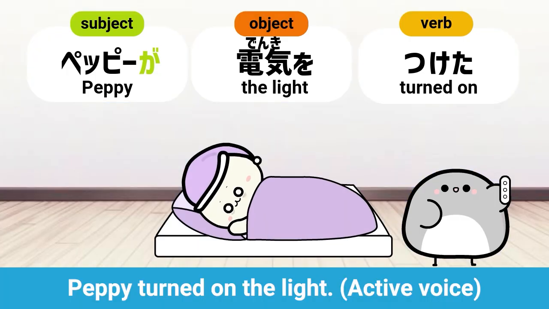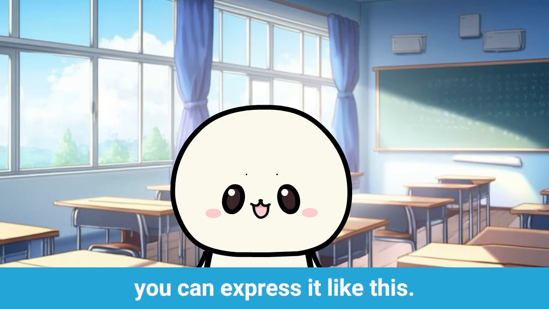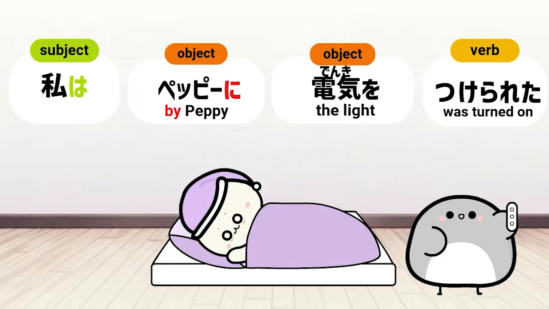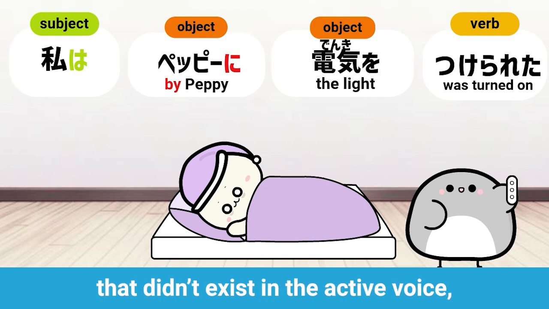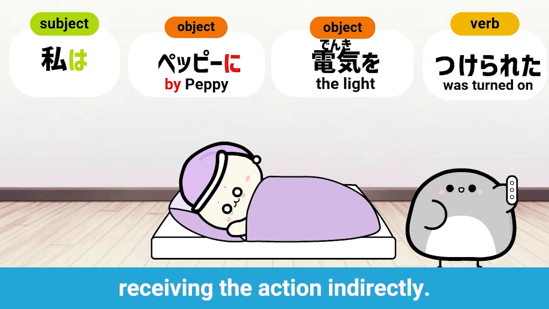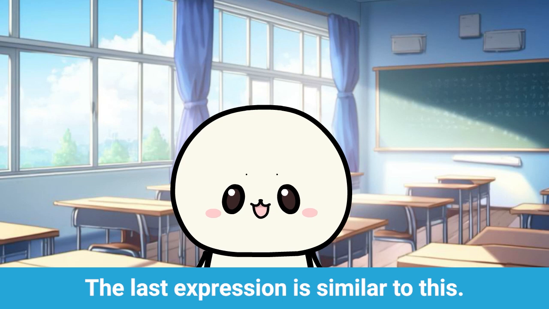ペッピーが電気をつけた。To express you as a receiver of the annoying action, you can express it like this. 私はペッピーに電気をつけられた。In the passive sentence, 私 becomes the subject that didn't exist in the active voice, receiving the action indirectly. 早く起きちゃった。The last expression is similar to this.